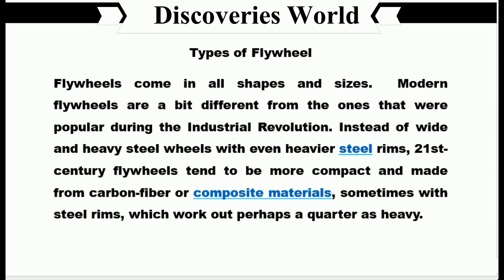Instead of wide and heavy steel wheels with even heavier steel rims, 21st century flywheels tend to be more compact and made from carbon fibers or composite material, sometimes with steel rims, which work out perhaps a quarter as heavy. Now let me show you what I mean by steel rims.